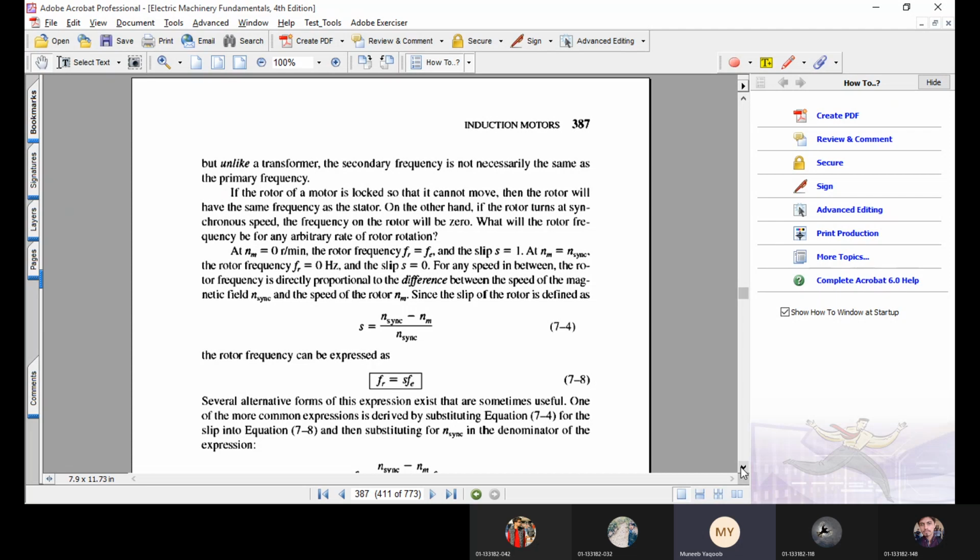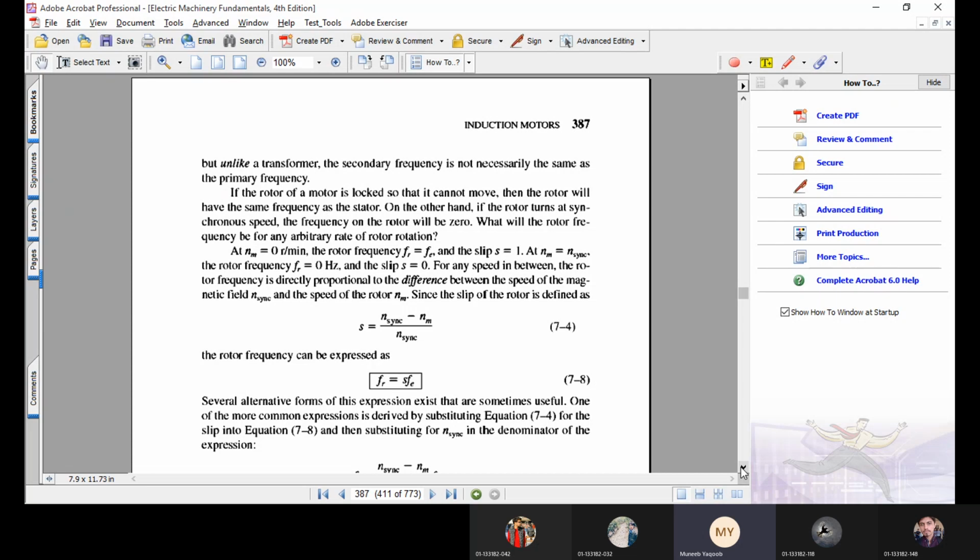Because an induction motor is basically quite analogous to the transformer if the rotor is stationary. Because in a transformer we have two windings, primary winding and secondary winding. In the same manner, in induction motors we have two windings, the primary winding on the stator and the secondary winding on the rotor.